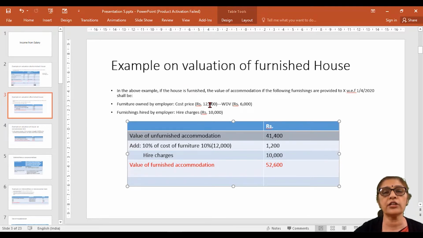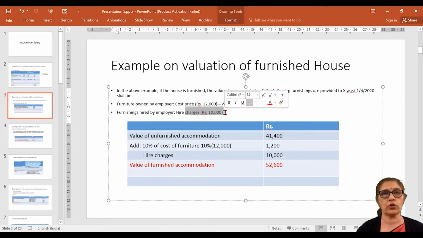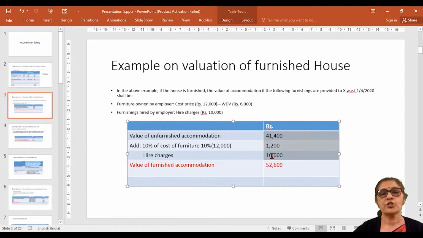So it's 10% of 12,000. And hire charges, we take actual, whether paid or payable. So we take the entire hire charges, 10,000. So value of furnished accommodation becomes 41,400 plus 10% of the cost, 1,200, plus hire charges, 10,000. So total value is 52,600.